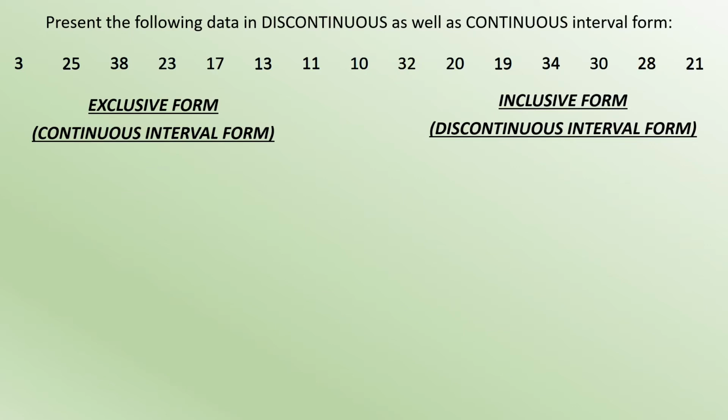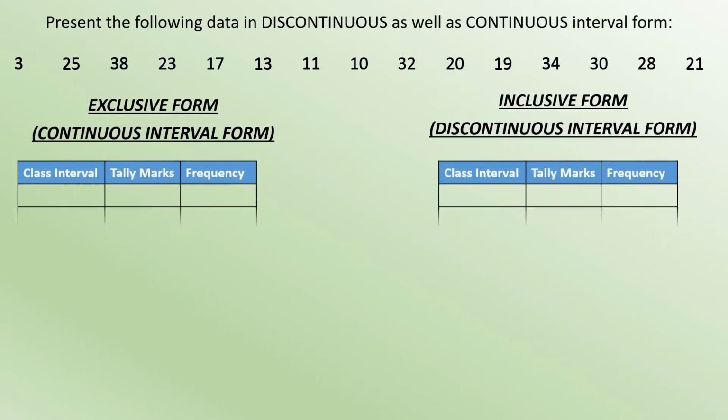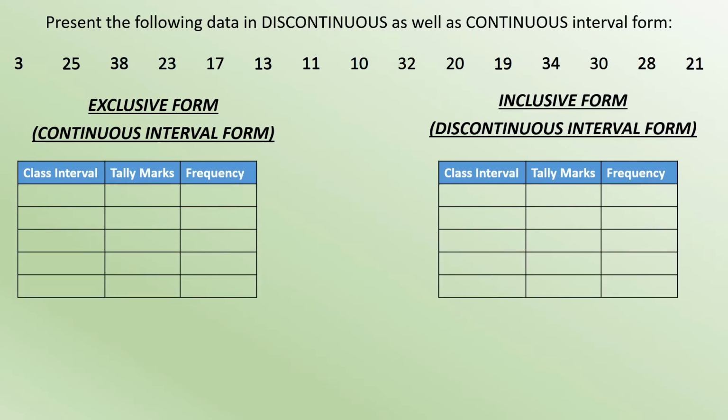One is exclusive form, another is inclusive form, or you can say continuous class interval form or discontinuous class interval form. The tables for both these types looks same. The basic difference is in the class interval. For exclusive form or the continuous form, the class intervals are in a continuity, like 1 to 10, 10 to 20, 20 to 30, 30 to 40.